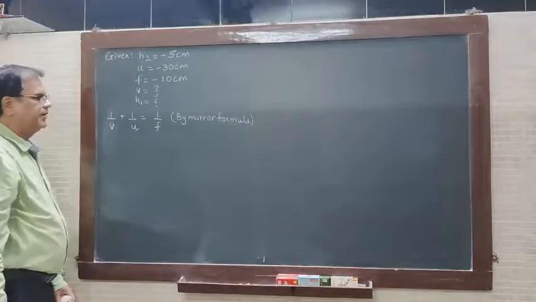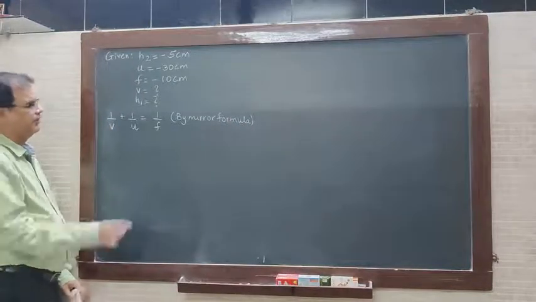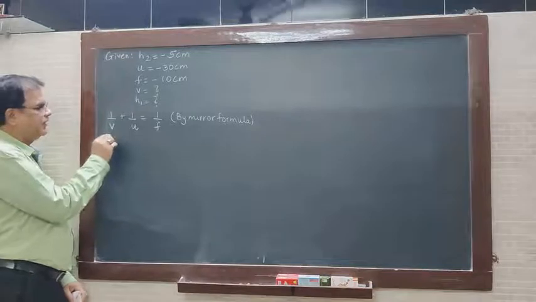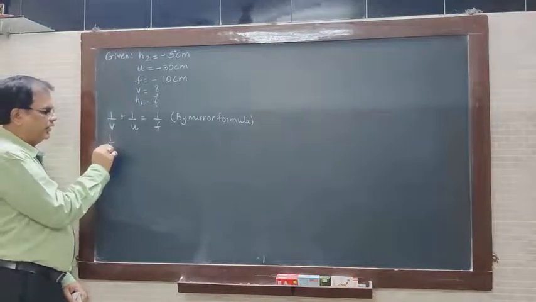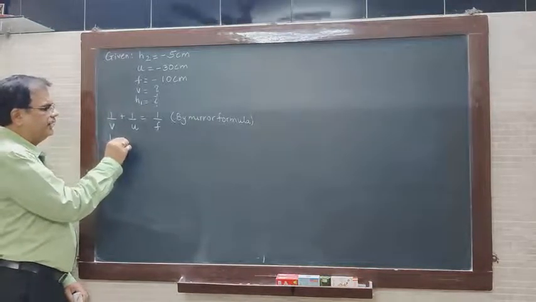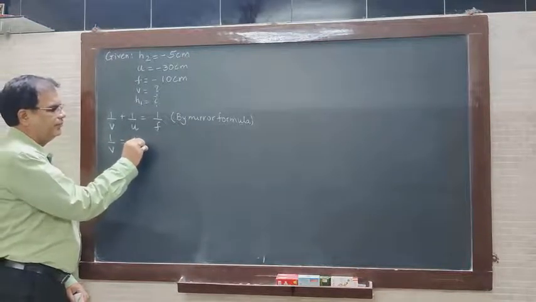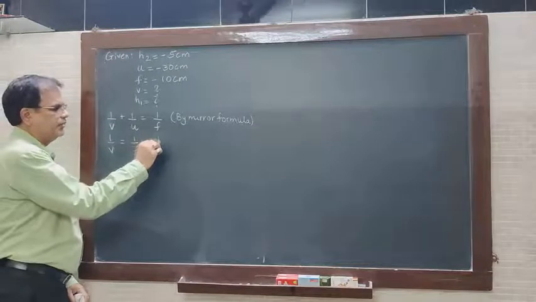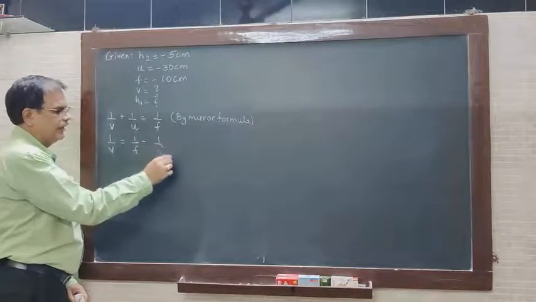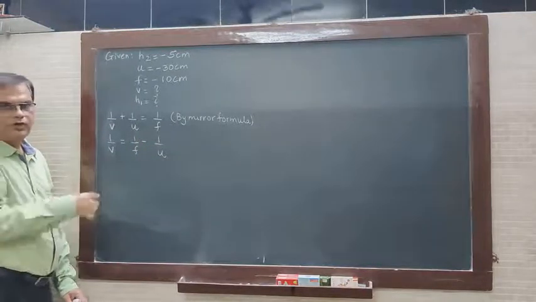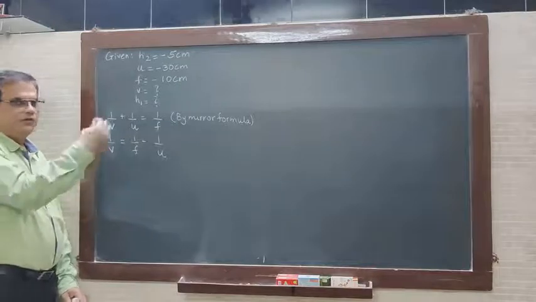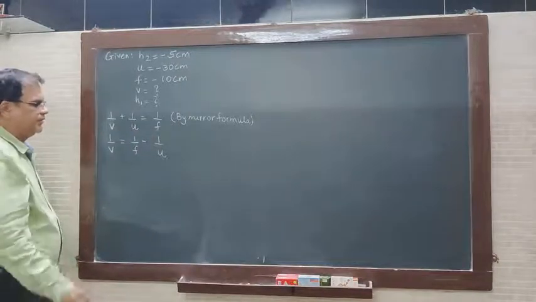I want to find V. So I am doing my method. If you find this easy, you can do it this way. I will take this 1 upon U this side first, minus 1 upon U. Because I want to find V, I kept V over here and I am taking U on the other side.